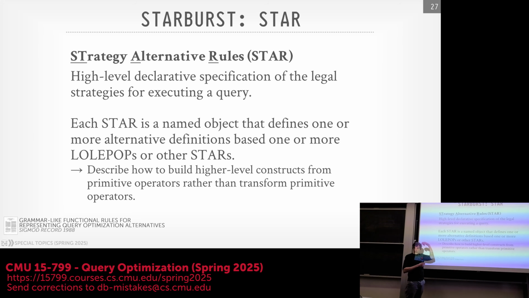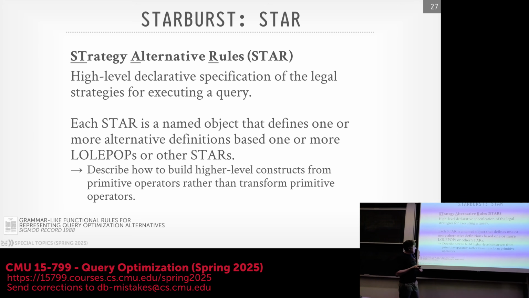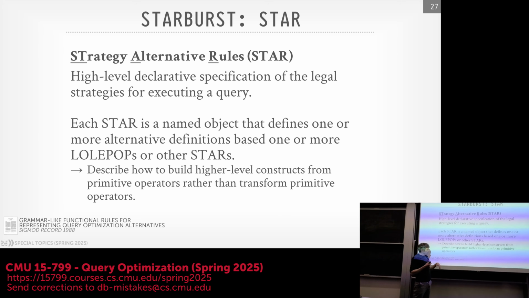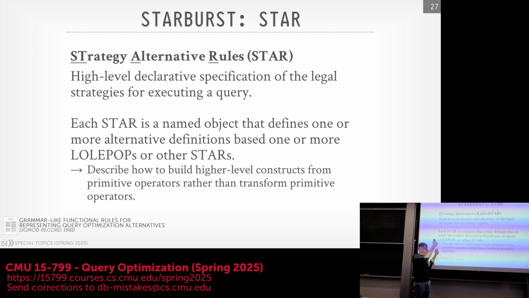Those were the stars. You're saying the table access is the star, and then I can rewrite that into either a B tree lookup, R tree lookup, or special scan lollipop. And the idea, again, is we're defining how we build these high-level constructs from these primitive operations, rather than going from a high-level logical operator and explicitly converting it to a physical operator, which is what we'll see again in Cascades and Volcano next week.